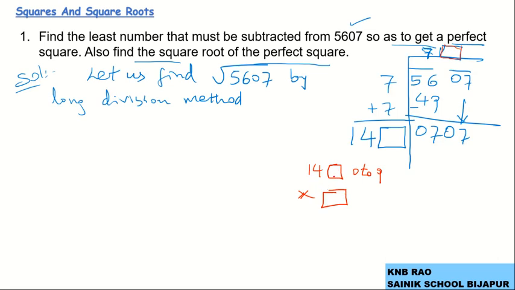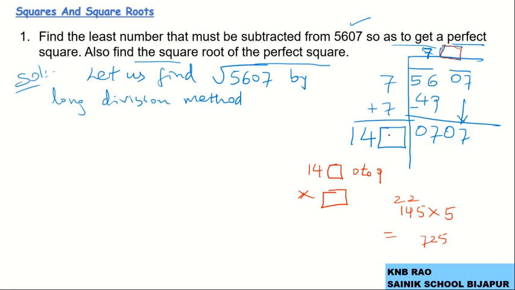Suppose I take 5 there, it becomes 145. 145 fives are 725, which is more than 707.